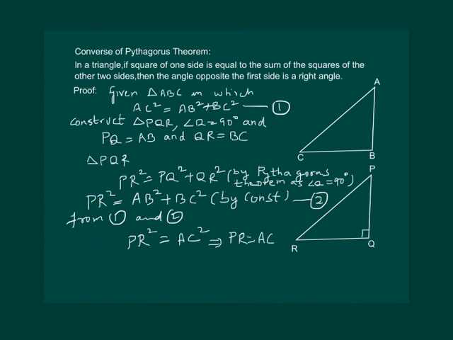Now we can prove triangle ABC and PQR are congruent by SSS property. PQ is equal to AB, QR equal to BC and PR equal to AC. So the two triangles will be congruent and hence the corresponding angles will also be equal. So by CPCT, angle B, which corresponds to angle Q, will also be 90 degrees.